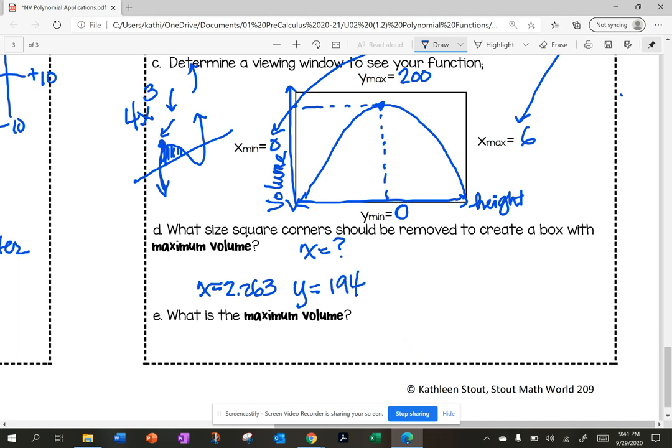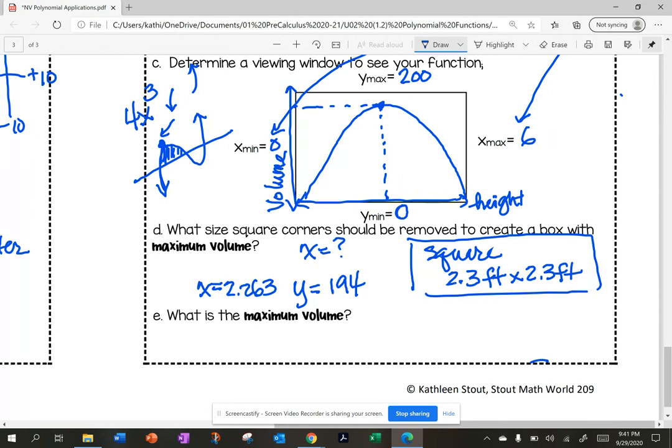So my box square should be, I'm going to say 2.3, rounding to tenths, 2.3 feet by 2.3 feet. And what's the maximum volume? My maximum volume at 2.263 is about 194 feet cubed.